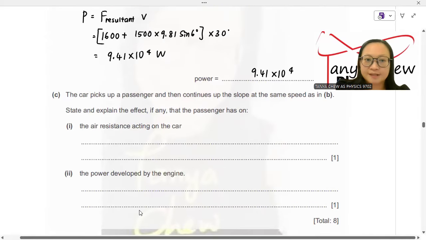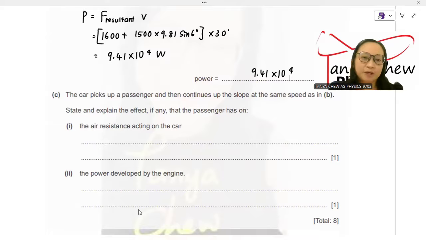C, the car picks up a passenger and then continues up the slope at the same speed as in B. State and explain the effect, if any, that the passenger has on, first, the air resistance acting on the car.